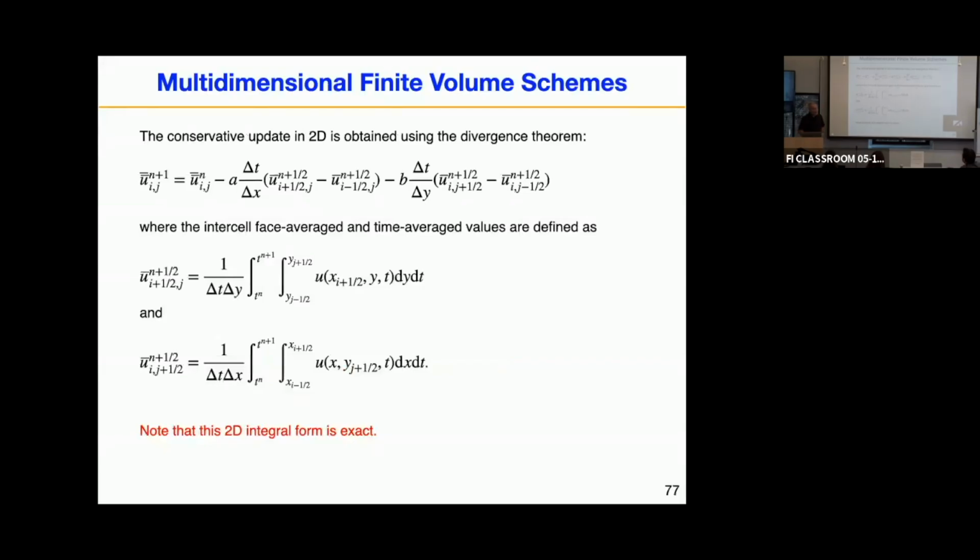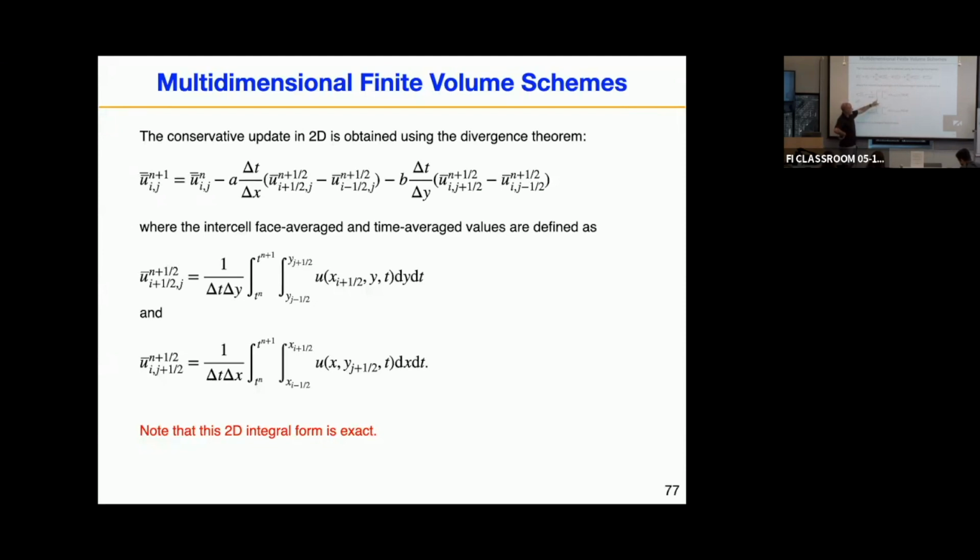The second change is that you can write the same kind of time-space integral form, except now the fluxes are time averages like before, but also line averages, because you have to average along each face of the square.